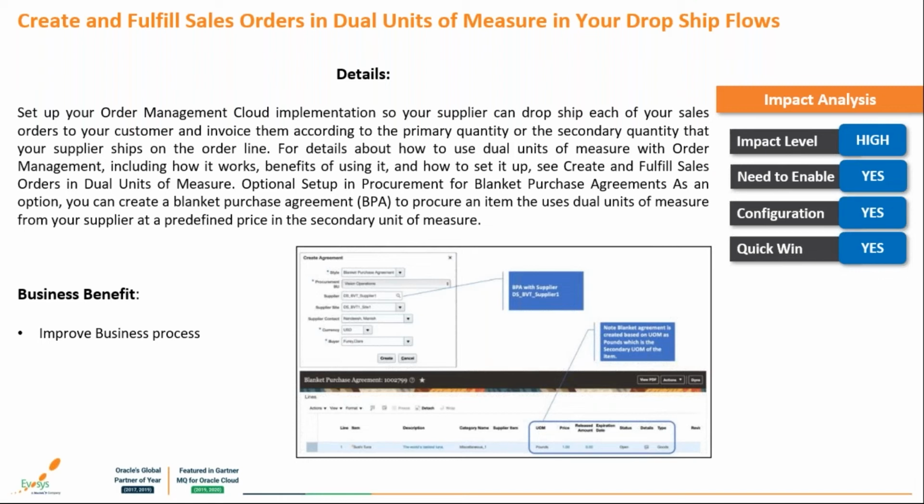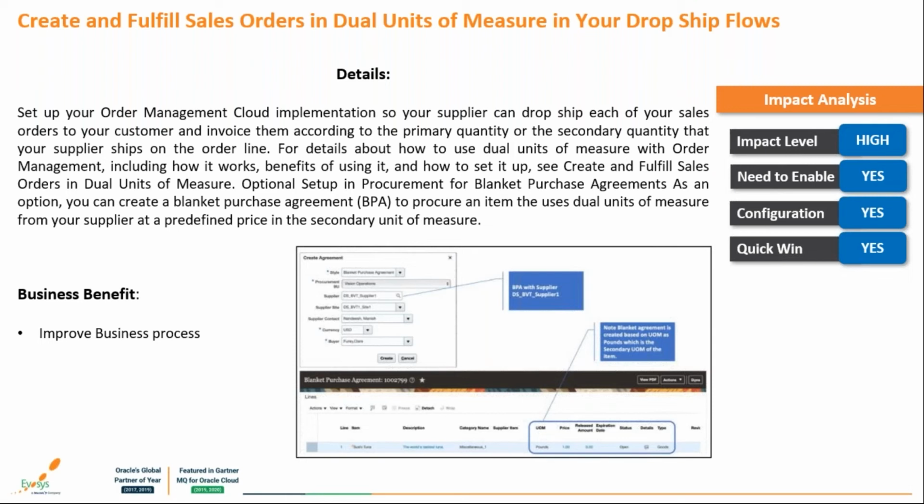Configure your order management cloud solutions so that your supplier may dropship each of your sales orders to your client and charge them based on primary or secondary amount that your supplier ship on the order line.